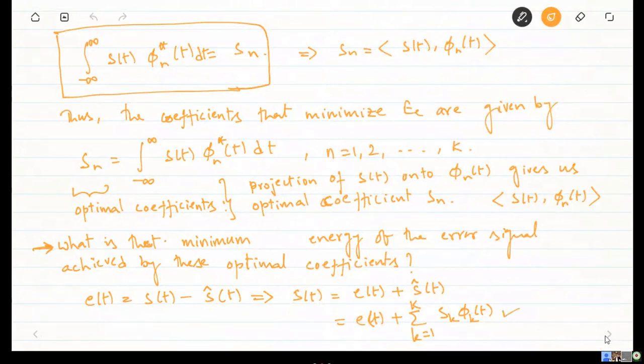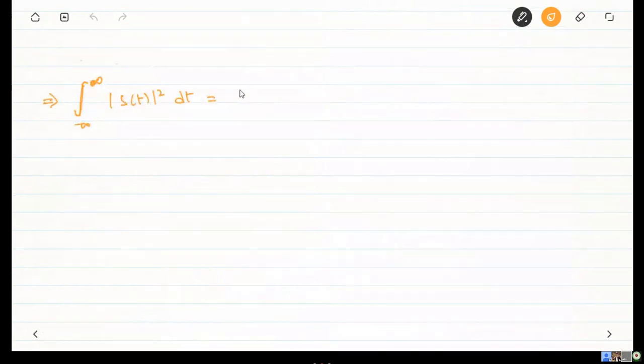Okay, so fine. So then this is equal to the integral from minus infinity to plus infinity of E of t plus the summation over k equal to 1 to capital K of sk phi k of t, whole square dt, right?